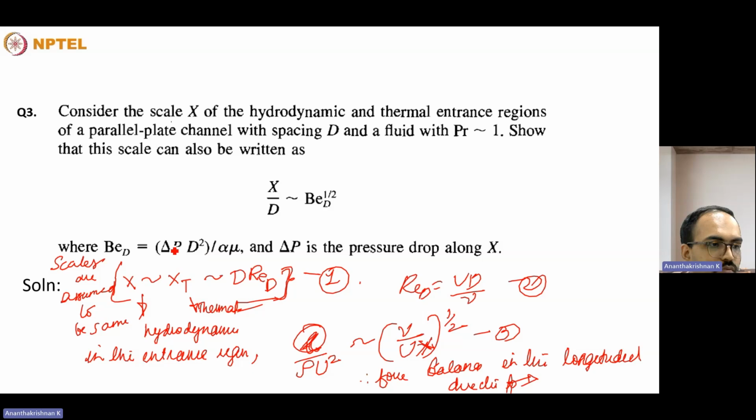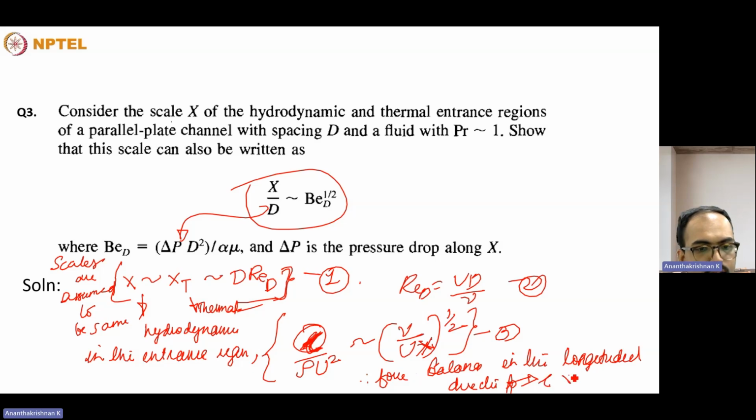So what we are supposed to find is x by d written in terms of the pressure. The shear stress scaling gives us the shear stress, so if we equate this shear stress with the pressure by using the force balance, we can get the pressure scale as well. So we can write tau times the cross-sectional area can be scaled as diameter into delta P.